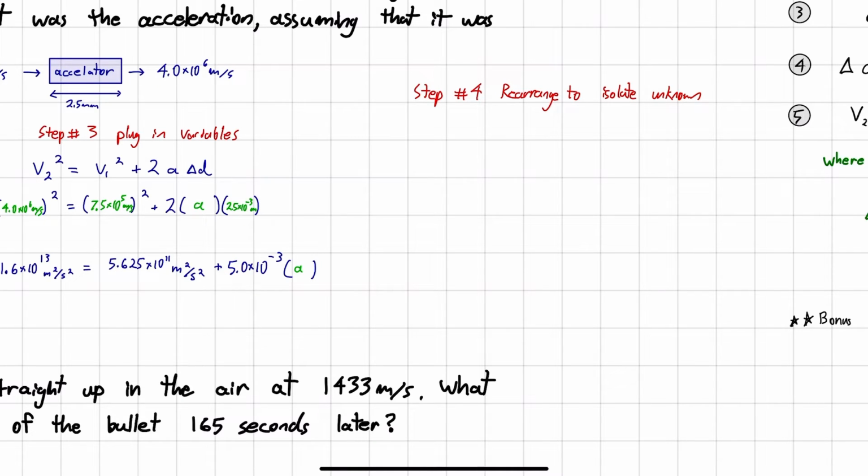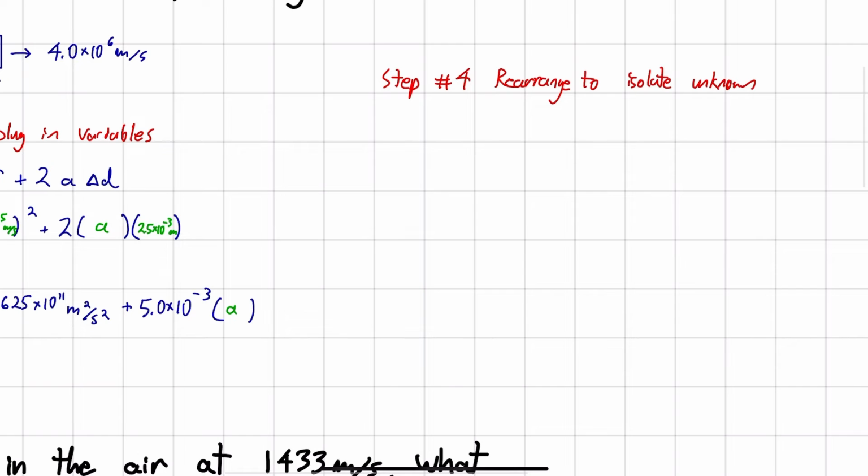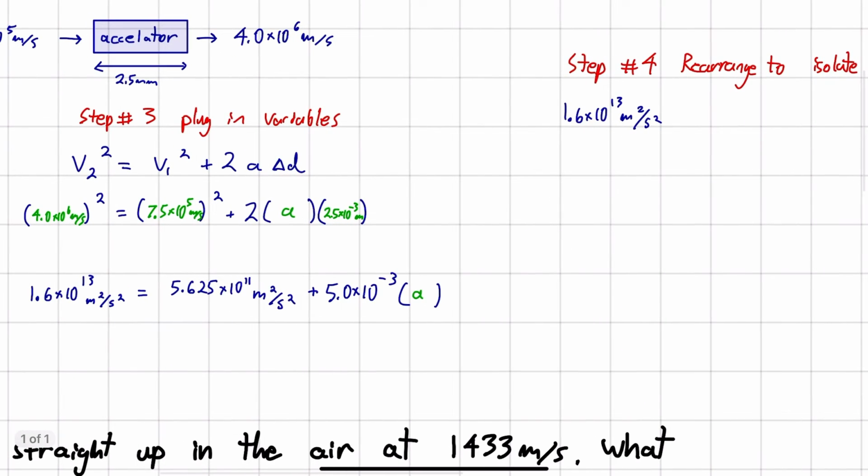So what we're going to do here is bring our 5.625 to the other side of the equation. So 1.6. So it's going to be the same equation.